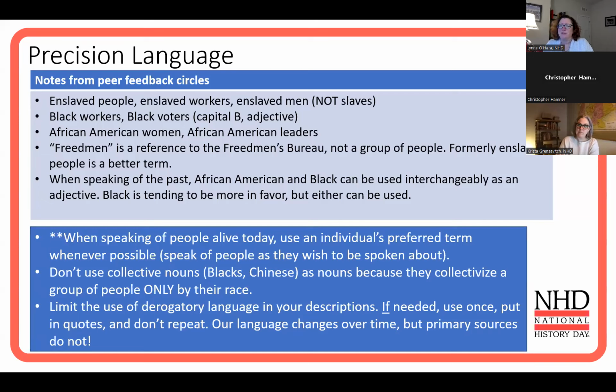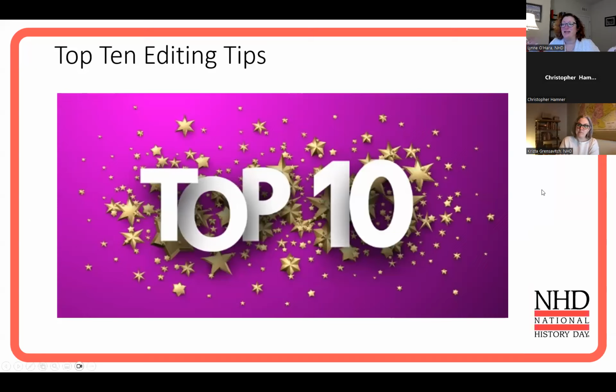However, if you absolutely need to, and that's a big if, you want to put that term in quotation marks. And as you analyze or describe, do not repeat that word. It's a good reminder that while our language and our best practices in history will change over time, the primary sources don't.